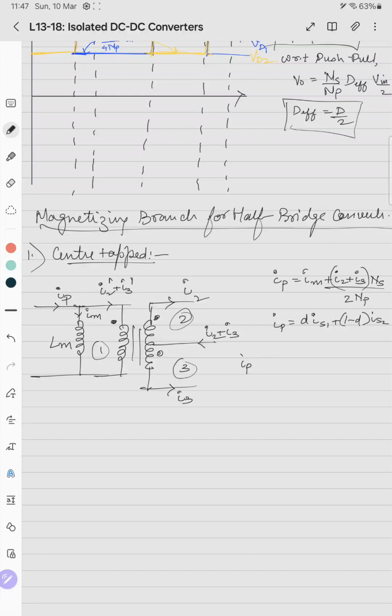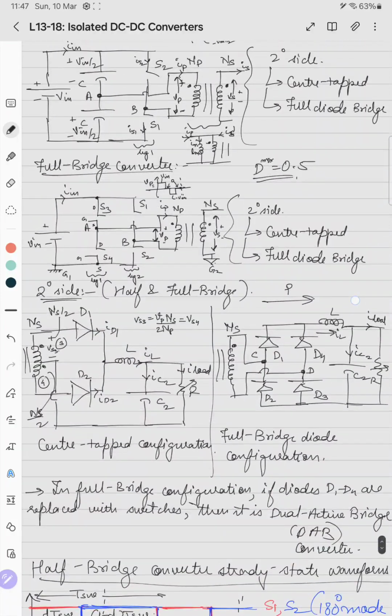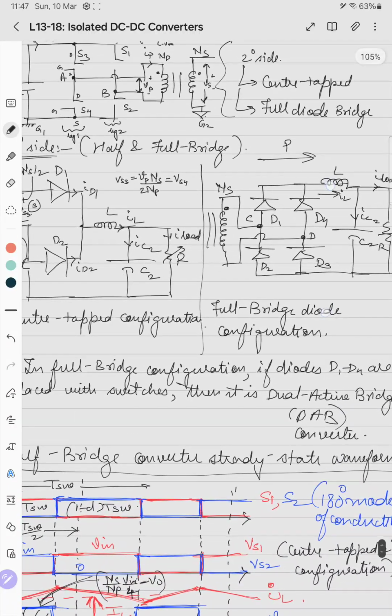What is the value of I2, I3? We have to write. I2 is the current through ID1. I2 equals ID1, and I3 equals ID2, isn't it?